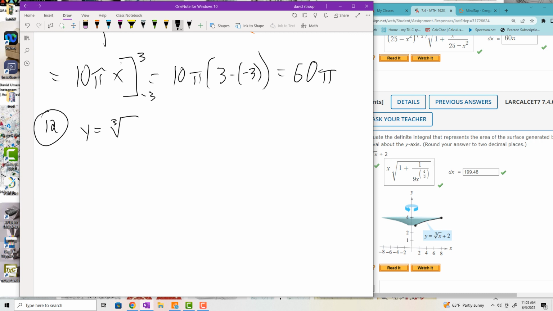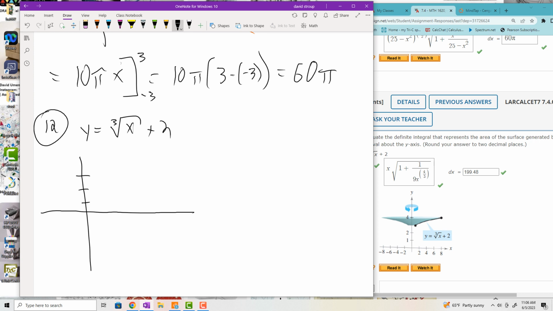So I have the cube root of x plus 2. They've given you the region that you're rotating via this picture. They don't really give you bounds or anything. So anyways, from the picture, the x coordinate looks like it's going to be 2. Or no, it's 1.